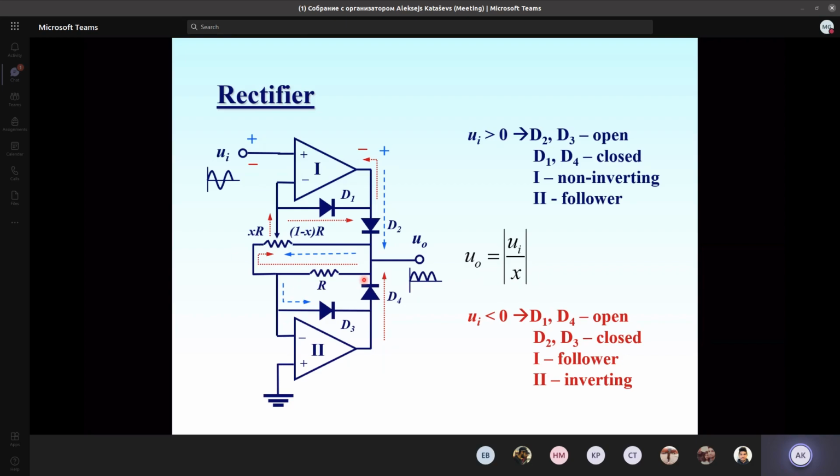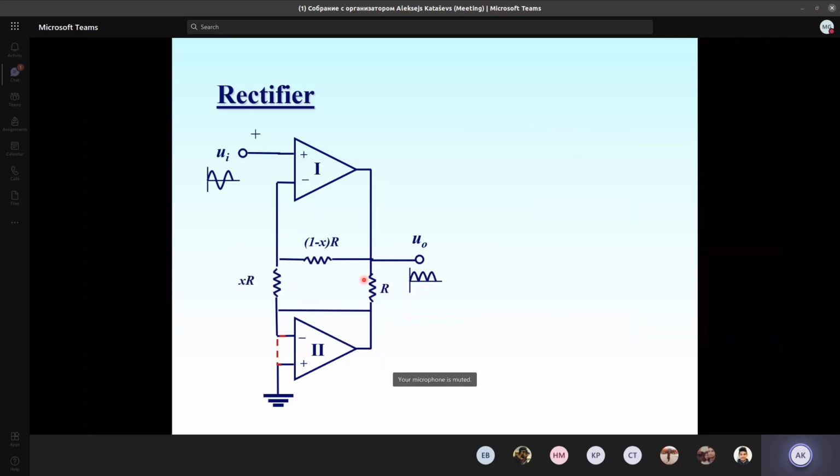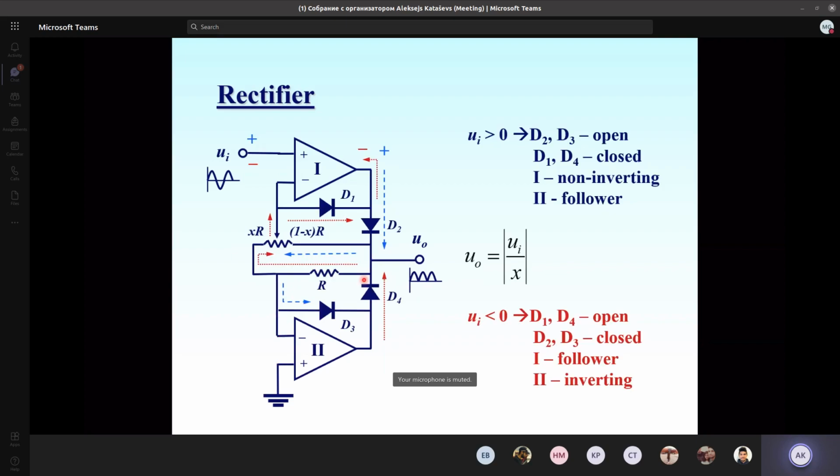So here we may not only rectify the signal, but amplify it too, with a gain of 1 divided by X. This depends on the position of the potentiometer. Of course, we couldn't take X equal to 0, because our output would go into saturation. But generally this circuit combines rectification and amplification.